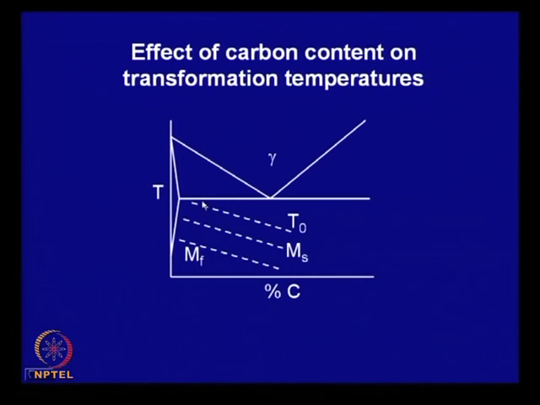That means the MS and MF temperatures should also be a function of carbon content, or composition of the steel. The higher the carbon content, the lower is the MS, the lower is the martensitic MF temperature, the completion or finish temperature, and the lower is the T0, that is the equilibrium temperature.